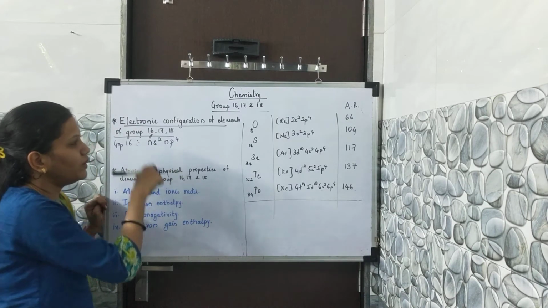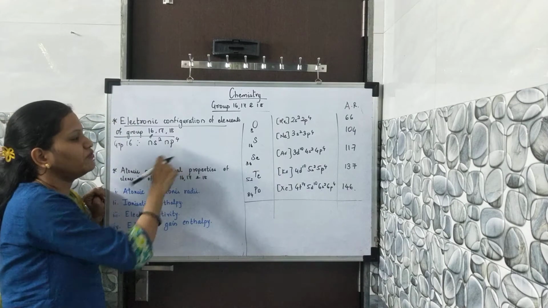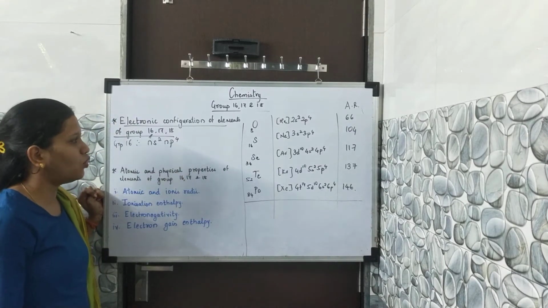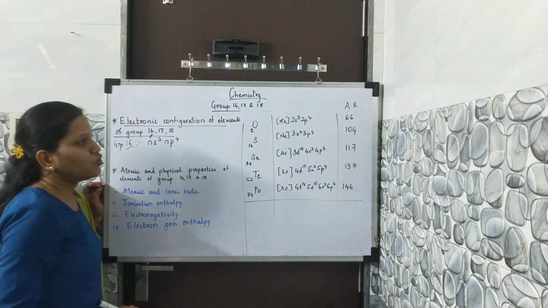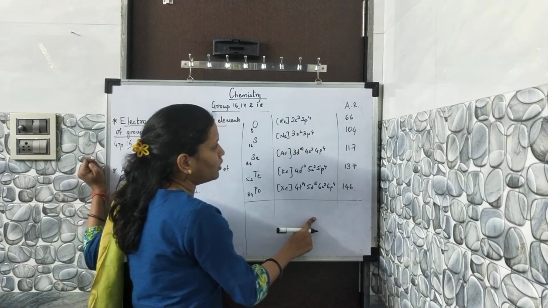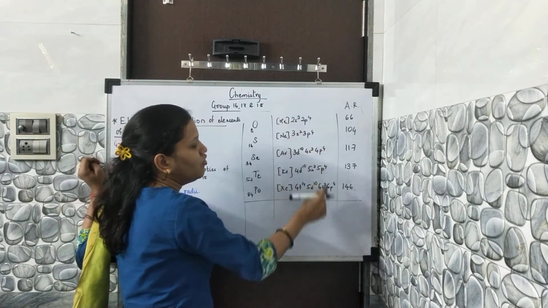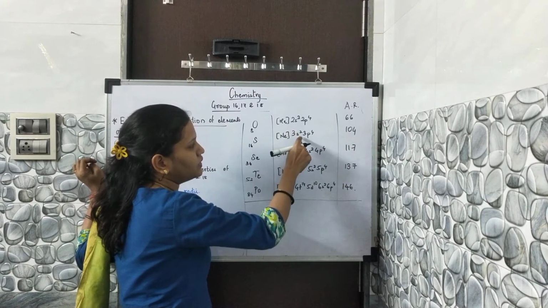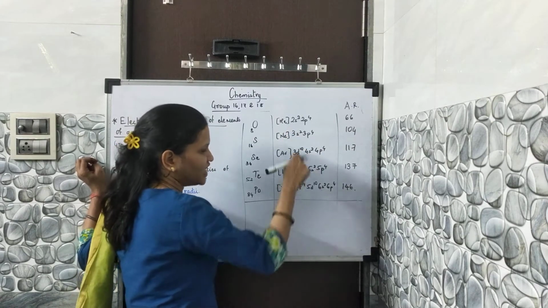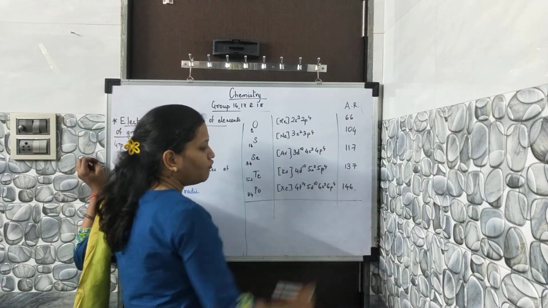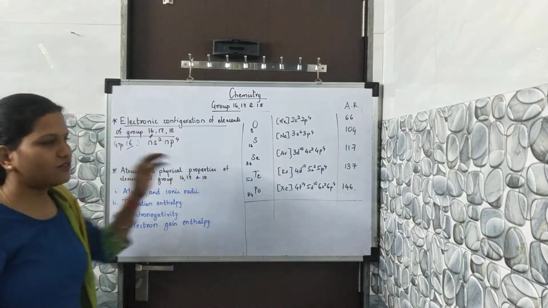When I write this general electronic configuration for the whole of group 16, you can see that for the s it is 2, whereas for the p it is 4.